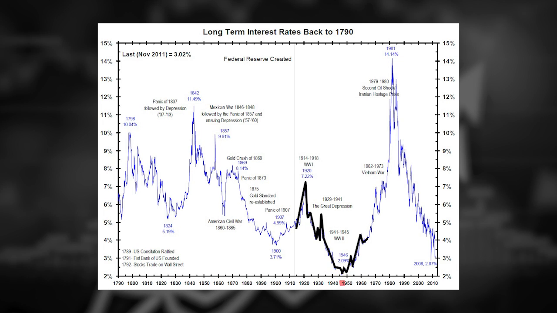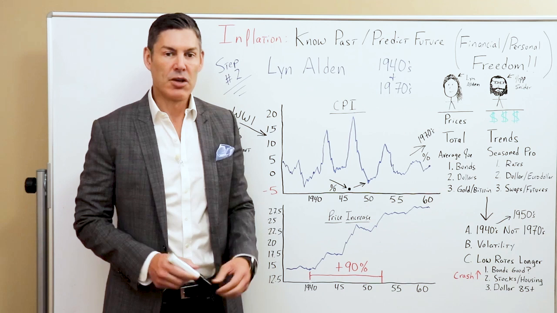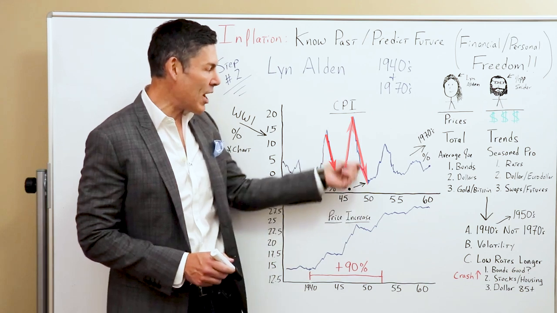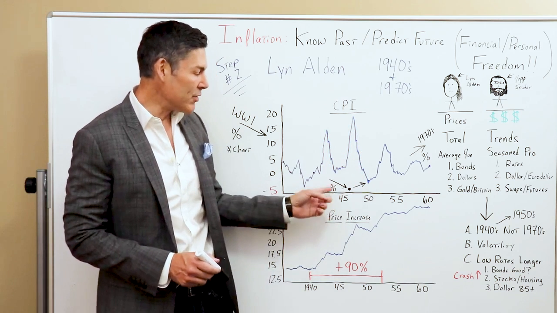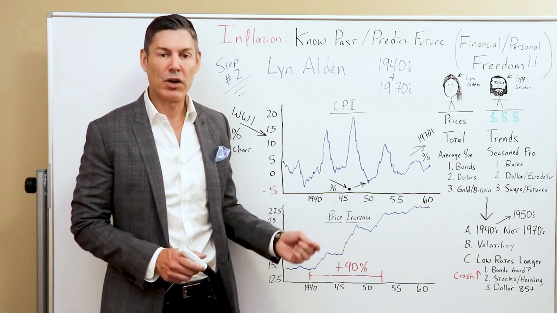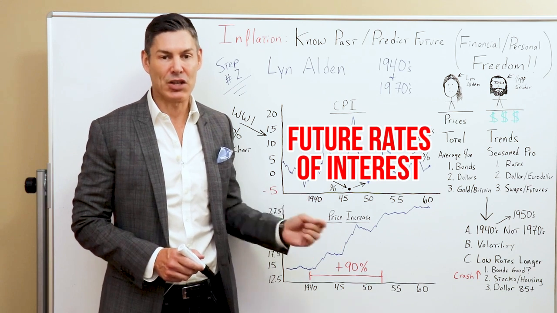But then throughout the 1950s and the 1960s, interest rates were on an upcycle that peaked out in, let's say, 1979 or 1980. So although prices might have been going up and down and up and down, they were extremely volatile, they didn't really tell us a lot about what was going to happen with future rates of interest.